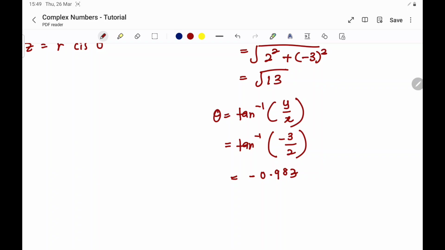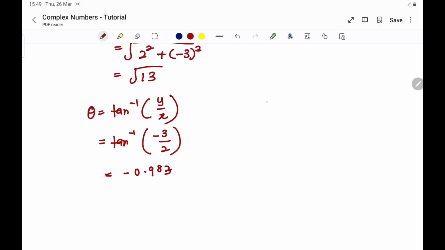So this one you will get negative. You know why? The reason is because when we draw the x and y axes, your x is equal to 2 and your y is equal to negative 3. So basically your point will be around here.